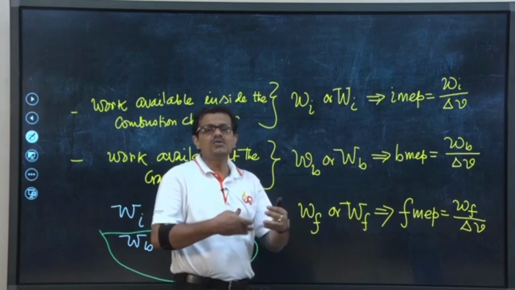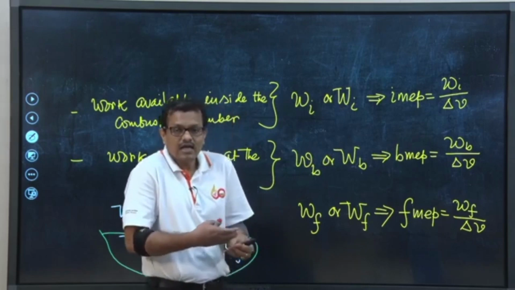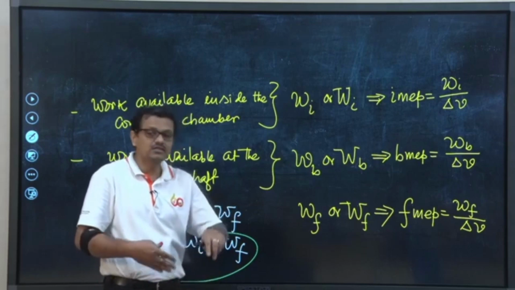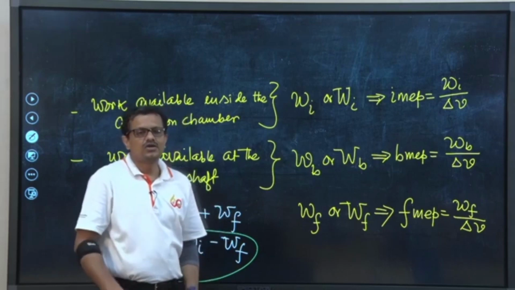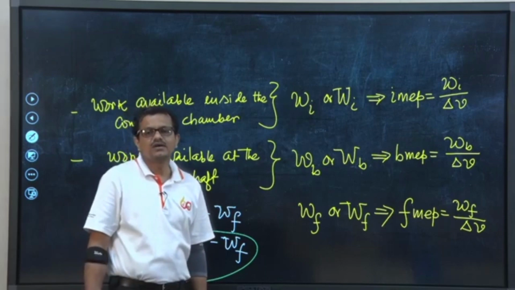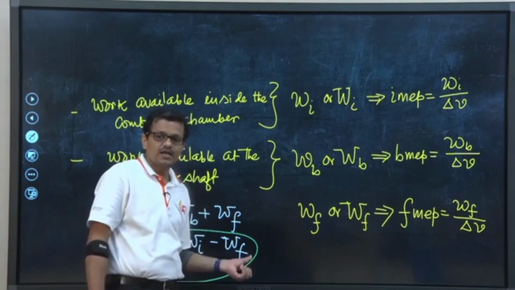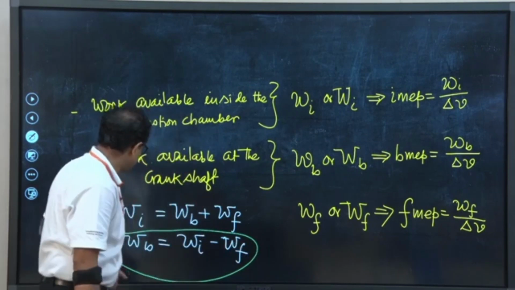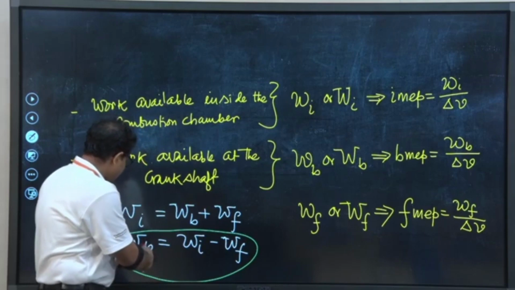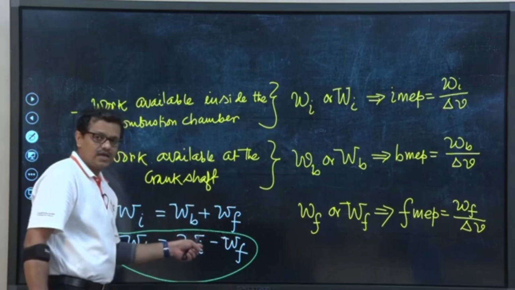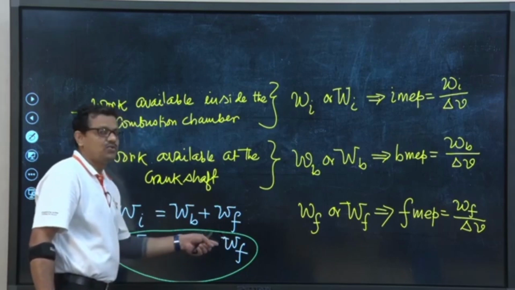So, a certain amount of work is not available at the crankshaft. In other words, that amount of work is getting lost for some parasitic loads as well as to overcome the friction. So, from there we can define one efficiency, because WB is not equal to WI, rather it is slightly less than WI.